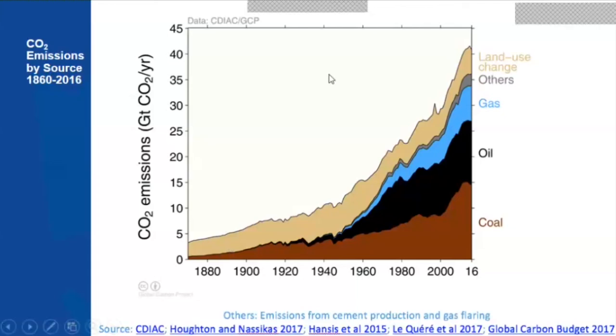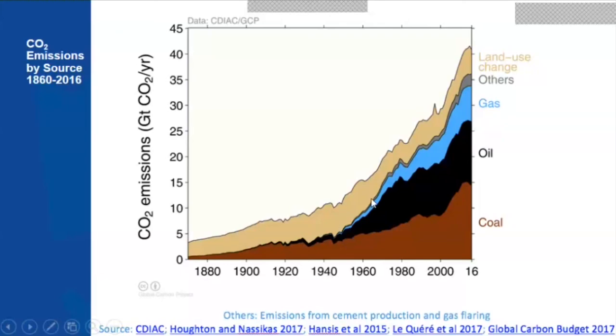Then as we go through time, with the discovery of different types of energy sources in the 1900s, we got coal, but oil started to become more prevalent, and we started to mechanize and use that energy source.